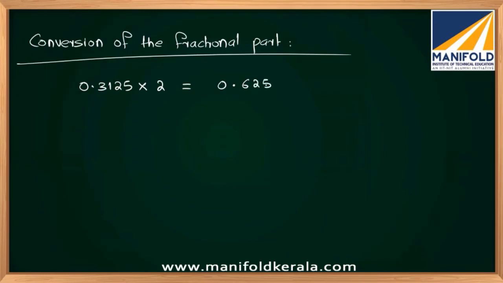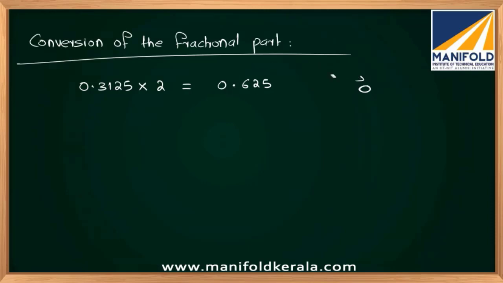In this answer, you pick the integer part, 0, and you keep it here. You need to keep track of the integer part in each multiplication.